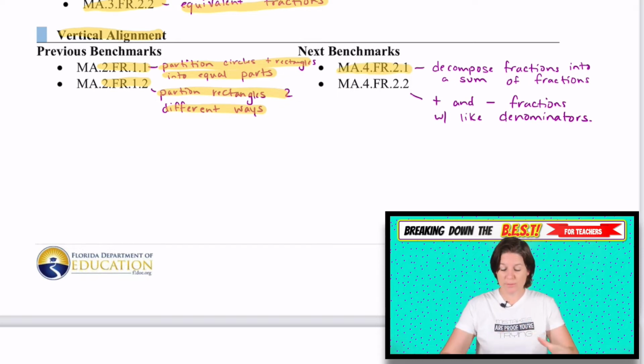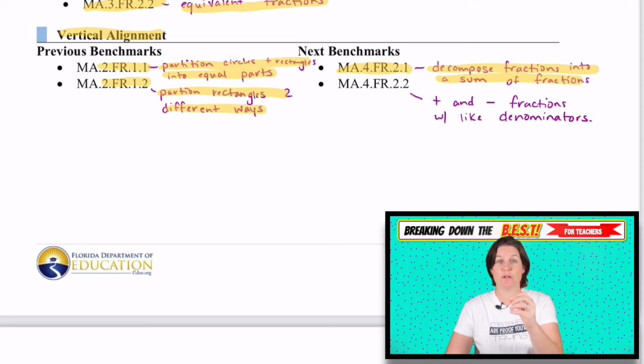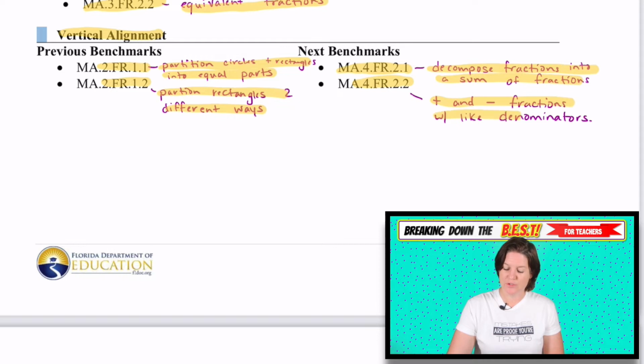This year we are decomposing fractions as a sum of unit fractions, but next year we will not keep it to just unit fractions. For instance, 6/4 could be 3/4 plus 2/4 plus 1/4. That would be a 4th grade standard. So you can see how this one is the step before in 3rd grade. And then 4.FR.2.2 is where we're adding and subtracting fractions with like denominators.